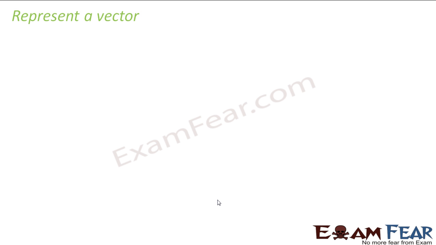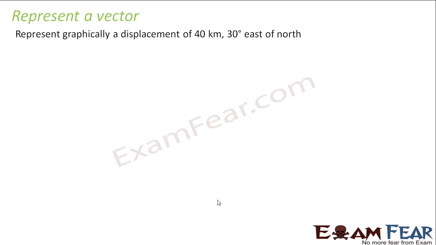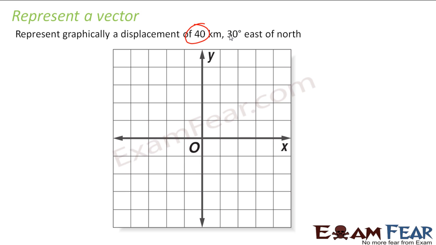Let's represent a vector. I have to represent graphically a displacement of 40 km, 30 degrees east of north. This is north, south, east and west. 30 degrees east of north. So you take north as the base, and take 30 degrees here.